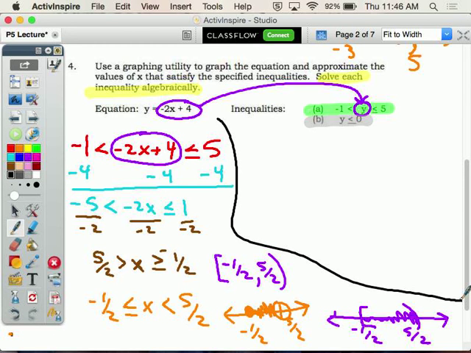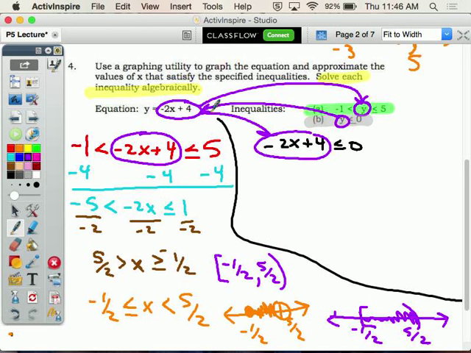here's what happens. I have negative 2x plus 4 less than or equal to 0. Here is that same information that came from here, which was the y value. And I'm now putting it in for the less than or equal to 0 part of the problem. These are two separate problems.